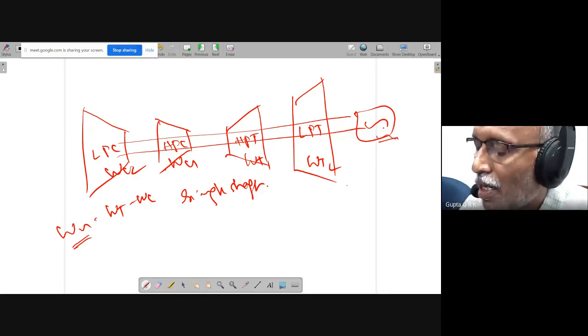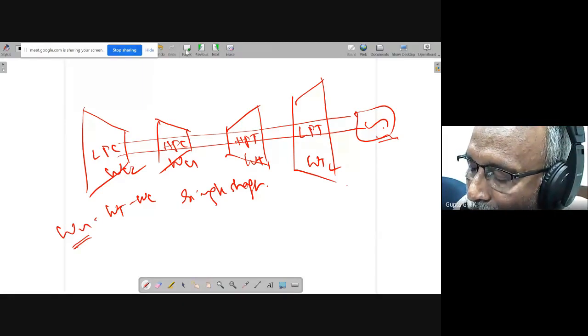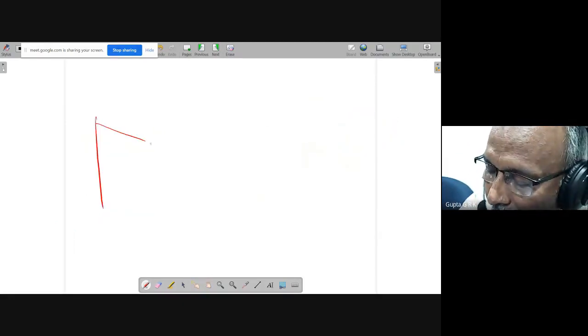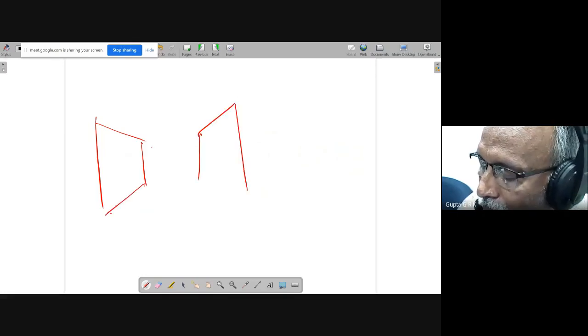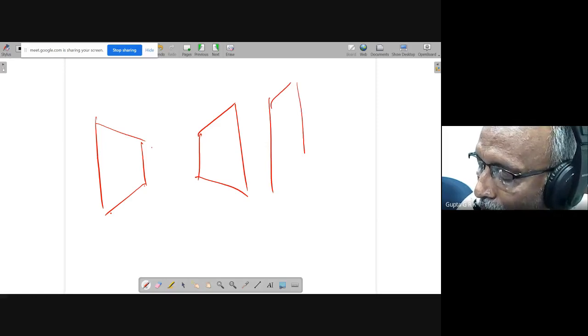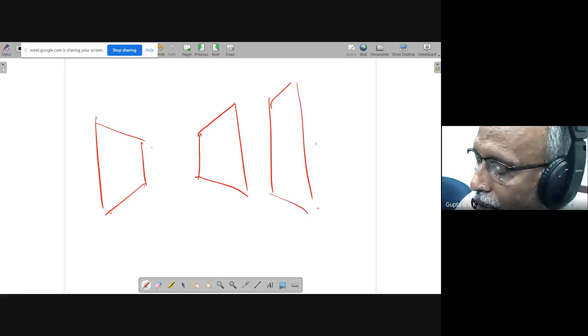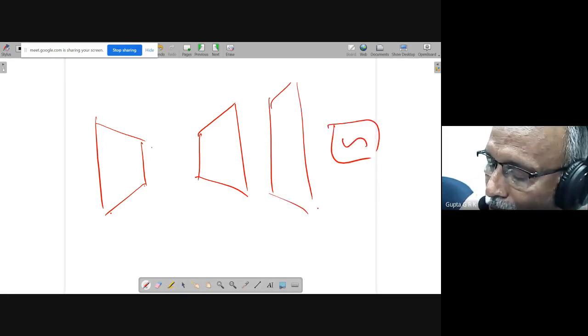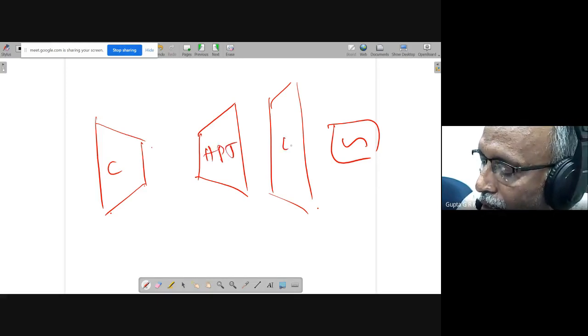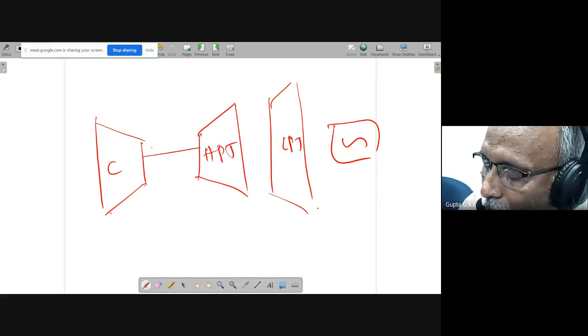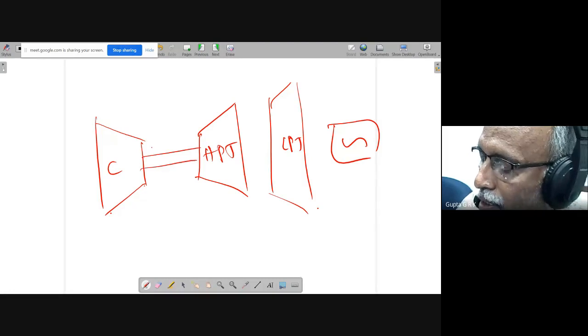And there are other configurations, like maybe one compressor and two turbines I can have, and here there is a generator. So this compressor, HPT, LPT. The HPT runs the compressor, the LPT runs the generator.